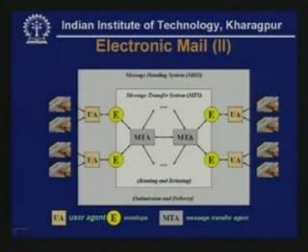For the time being, let us consider only the internet as a homogeneous kind of networking system, and then the envelope is delivered to the proper user agent, and then the user accesses his mail through the user agent on his own machine. So this is the overall email architecture.